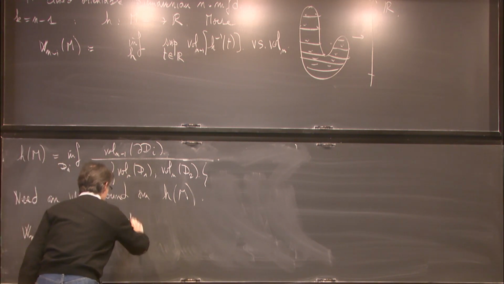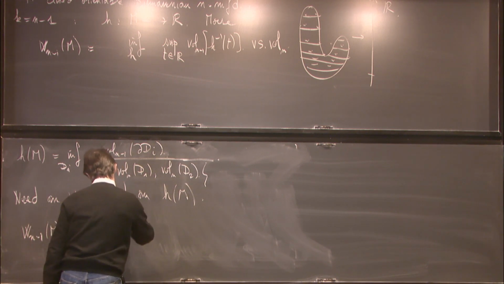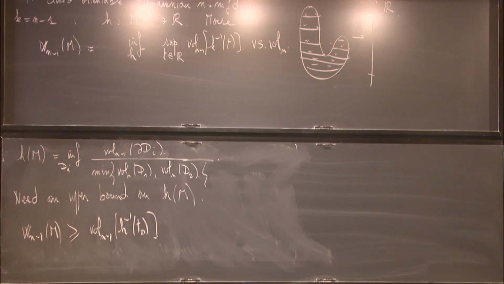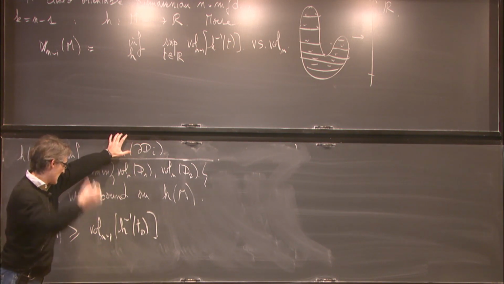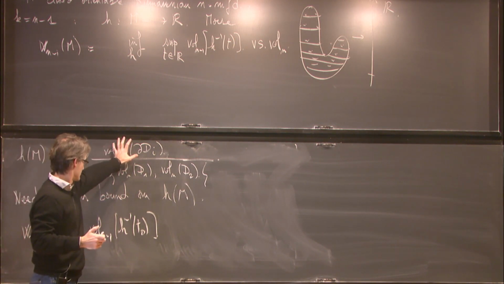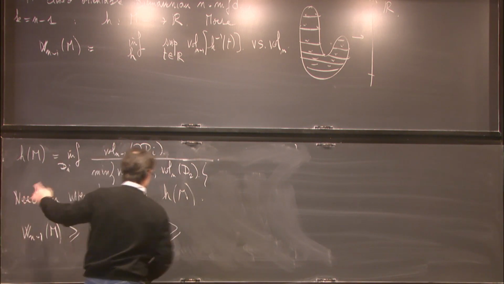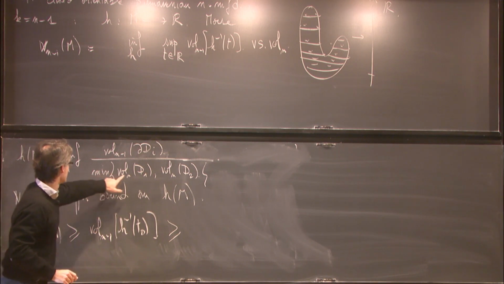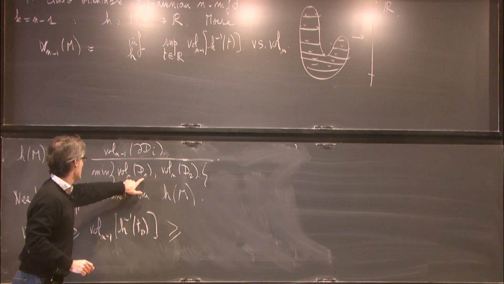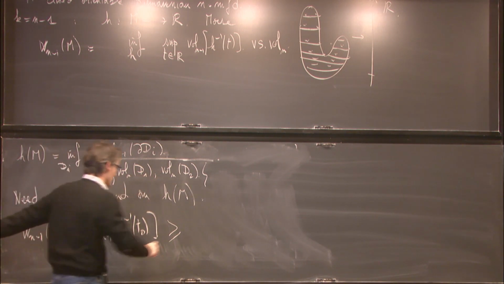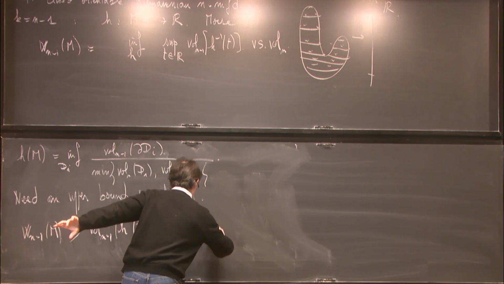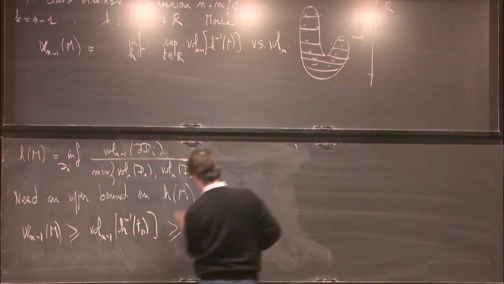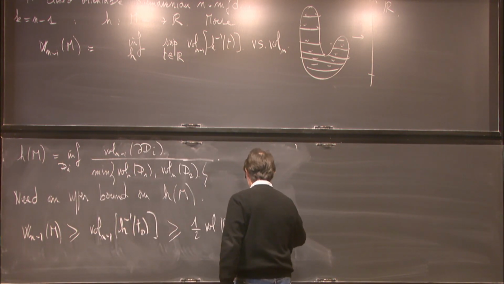So you also have this bound because of the Cheeger constant. So the volume here is 1/2 of the volume of the manifold times this lower bound times the Cheeger constant.